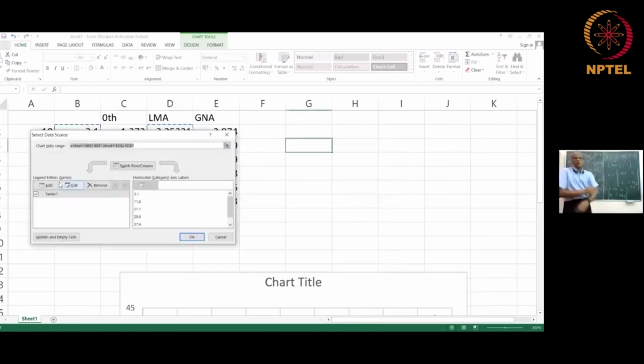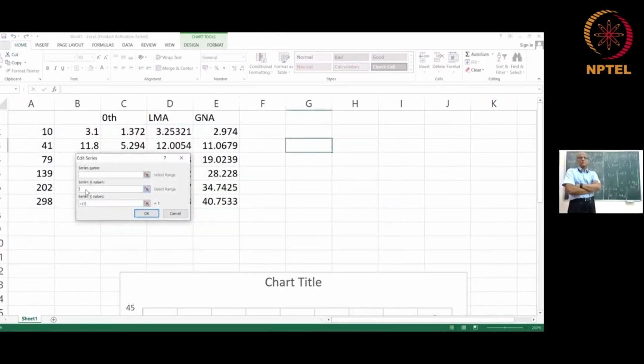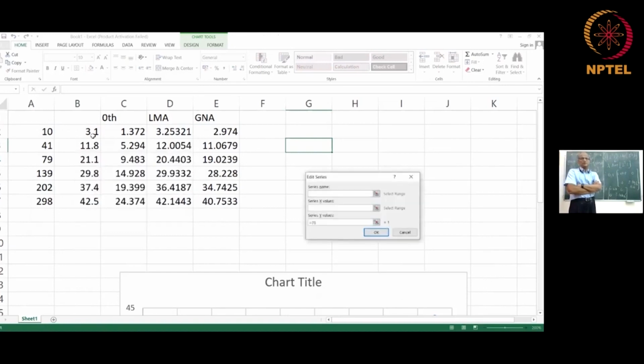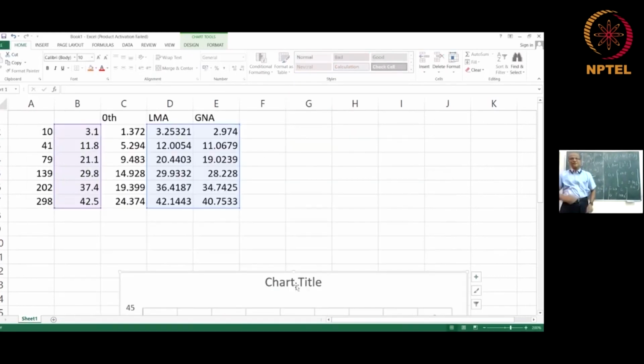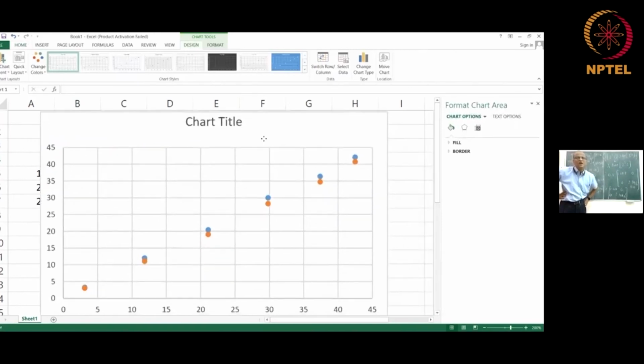All of you just closely follow what he's doing. Compared to the GNA, the error is substantially reduced, right? GNA also seems to be all right.